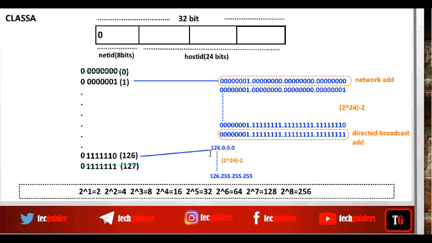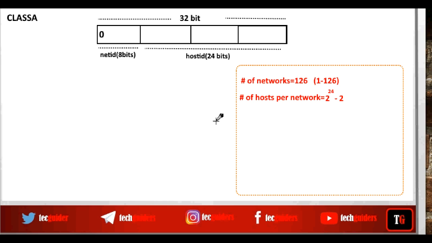If a message is received with a destination address 1.255.255.255, then it means that message is intended for all the hosts within the network 1.0.0.0. So in class A, the number of networks that can be addressed is 2 power 7 minus 2, and the number of hosts that can be addressed within each network is 2 power 24 minus 2.